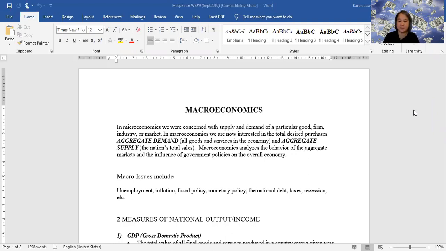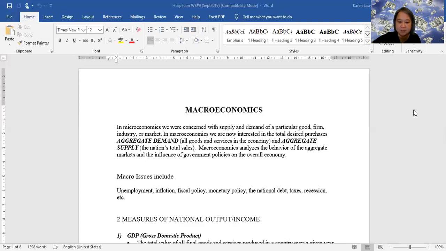And we're going to equate that to all the supply or the nation's total output, called aggregate supply. So once again, we're moving to a graph, but instead of supply and demand of certain goods, we're talking about supply and demand of all the goods and services in the economy.